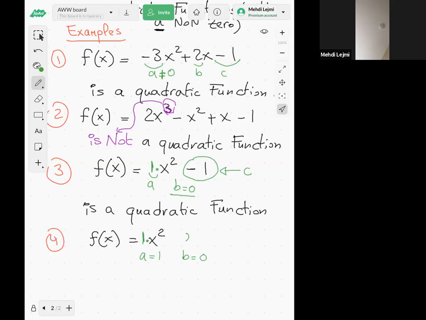And there's no constant, so your c is just 0. So this function x squared is still a quadratic function, even if b is 0 and c is 0. It doesn't matter. What's important is that your a is not 0. So f of x equals x squared is actually a quadratic function.